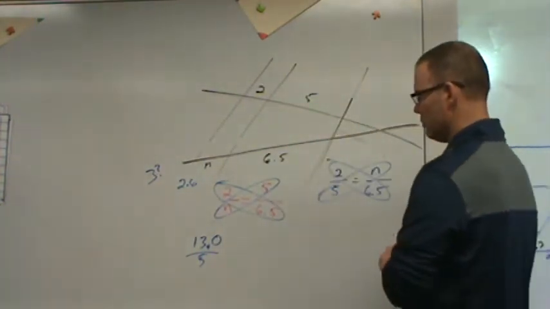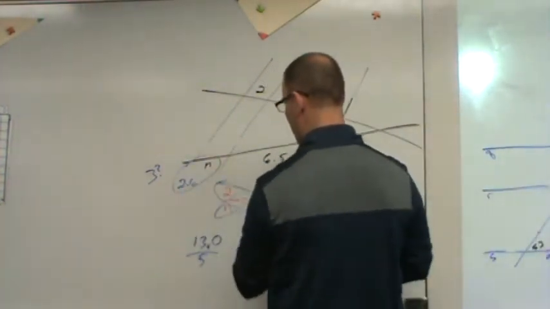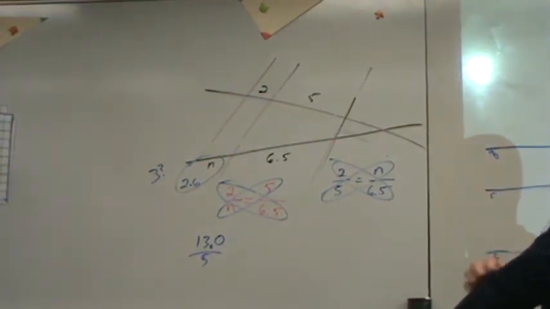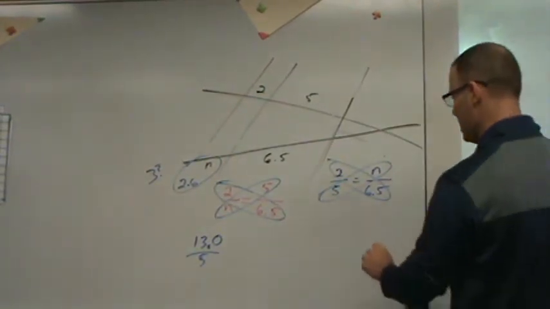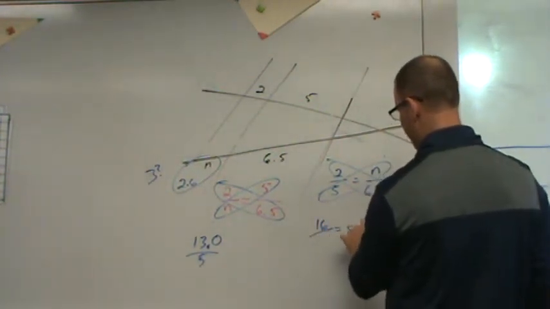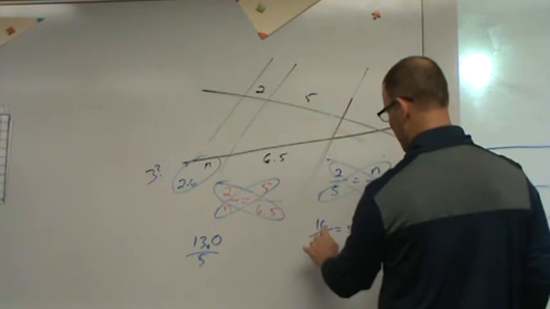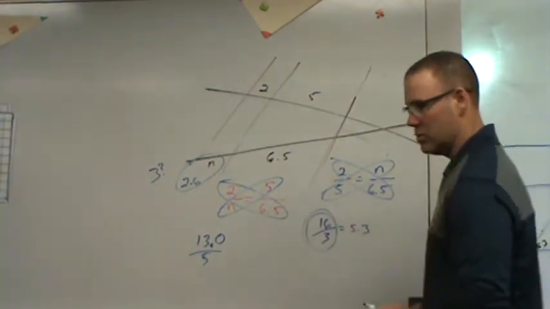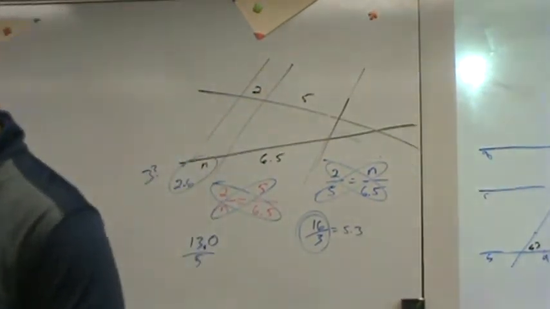Okay, so 2.6 is the answer for this one. The next one was 5.3. And it was 16 over a number. I want to say it was 16 over 3. You're not going to see 16 over 3 as an answer. You can't leave your answer as that. You've got to reduce it.